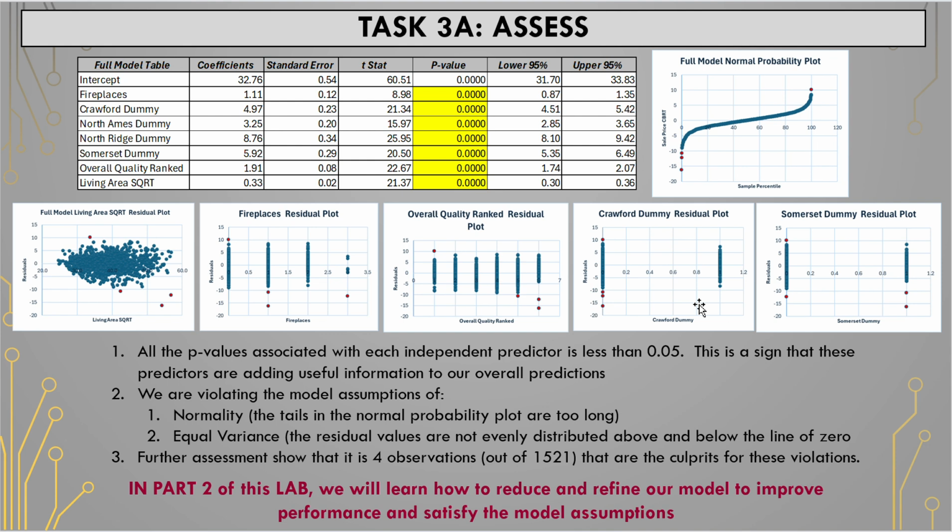There's something about the house features that are just not typical of what you normally see, and it's creating a large error in what we expect that value to be, which is why the residual is either very, very small or very, very large. Okay, so in lab 2, we'll talk about how to remove those values and then rerun the model.